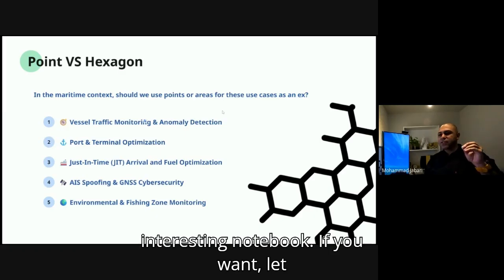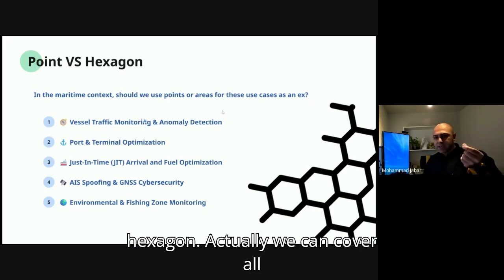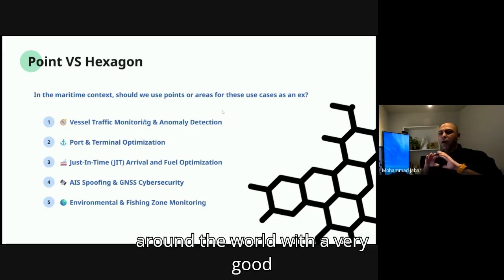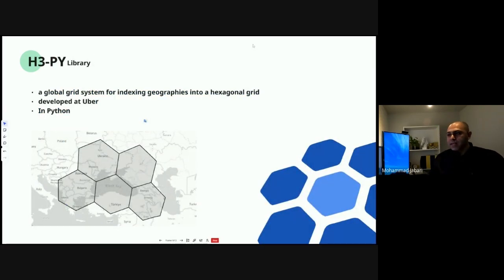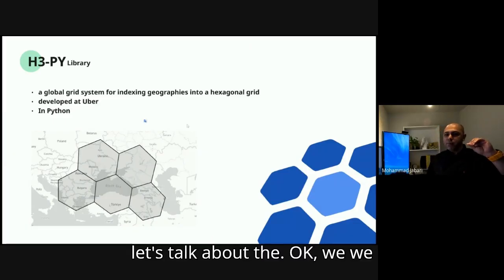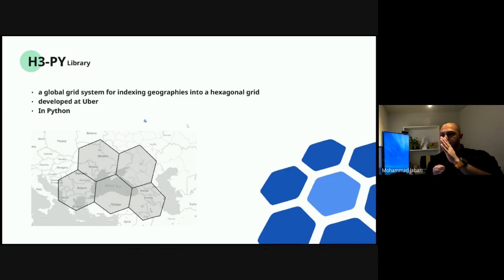It's a really interesting notebook. If you want, let me know and I will share it with you. With a hexagon, we can cover all around the world with very good precision. So we come from the point to the area to the hexagon.